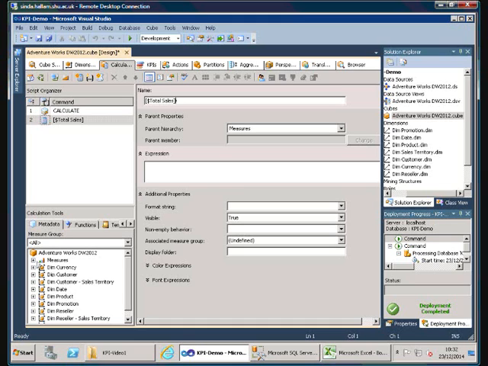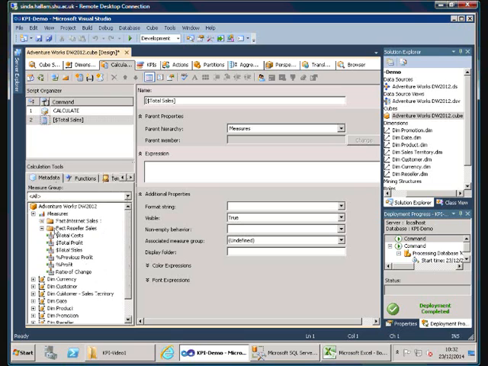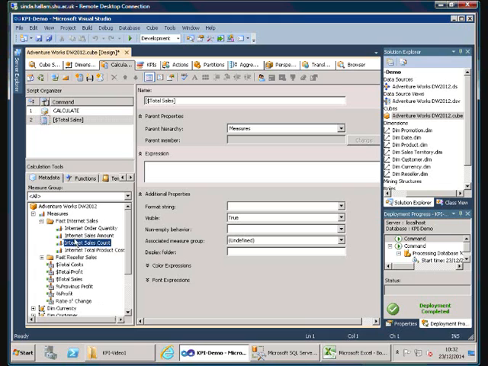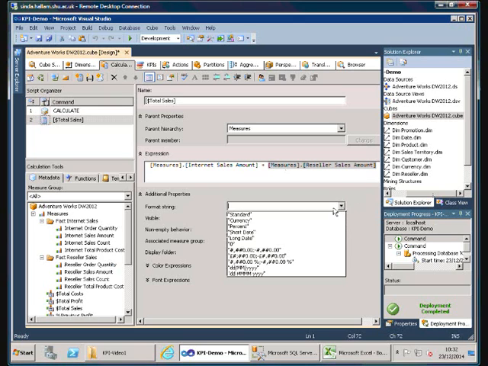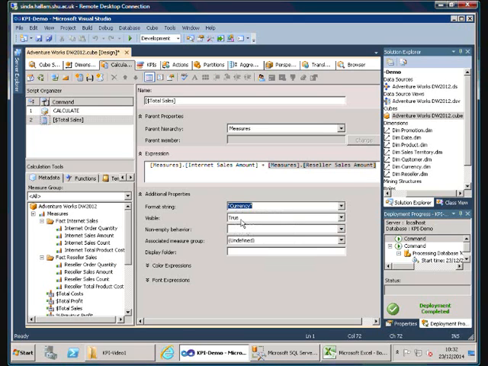And the total sales is going to be made out of taking the measures, finding the existing measures and adding together the internet sales amount plus the reseller sales amount. And we can set the type of this to be currency. So we've now got a new calculated measure. It's the total sales from both our sources.